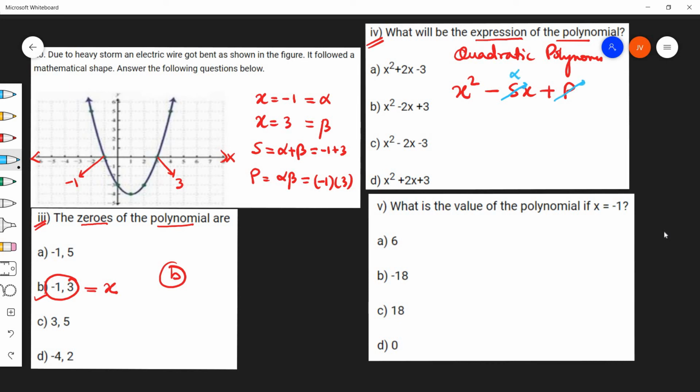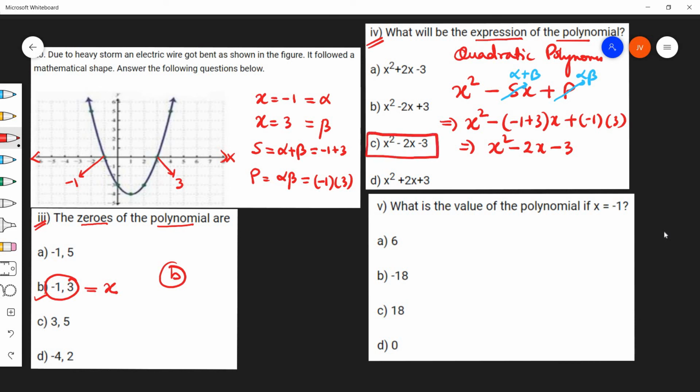So our required quadratic polynomial is x square minus (-1 plus 3)x plus (-1)(3). Ultimately this is x square minus 2x minus 3. So the correct answer for the fourth bit is option C, x square minus 2x minus 3.